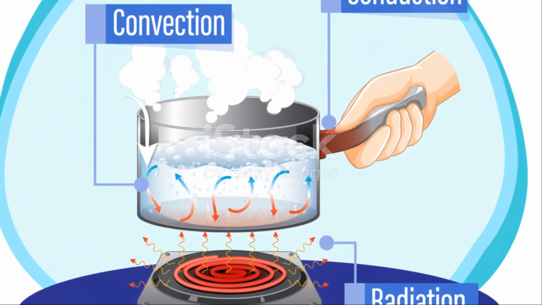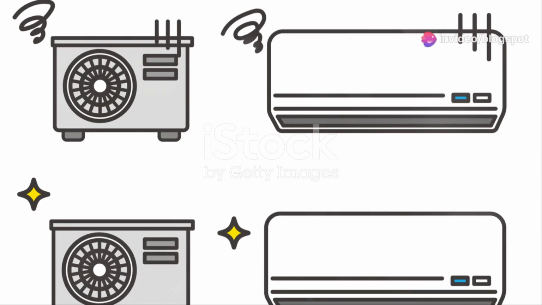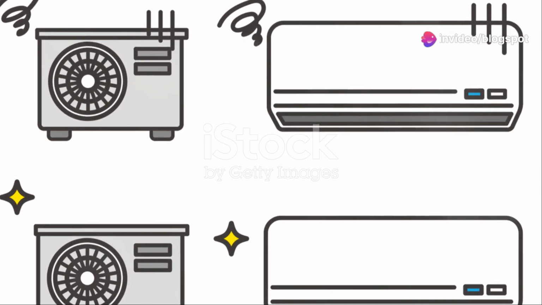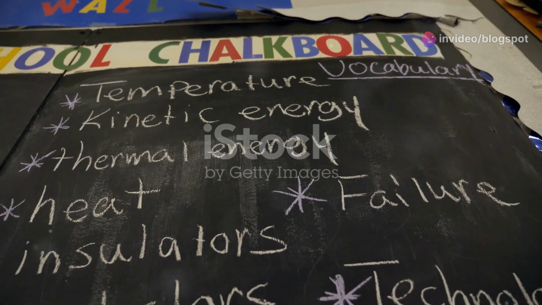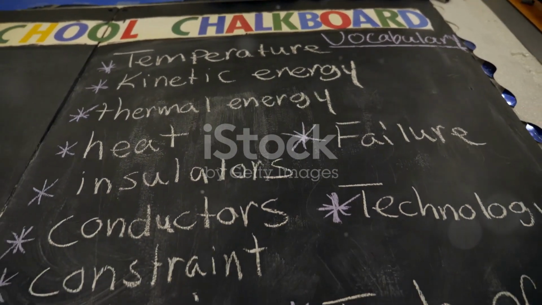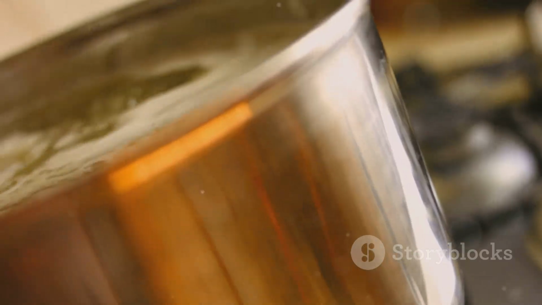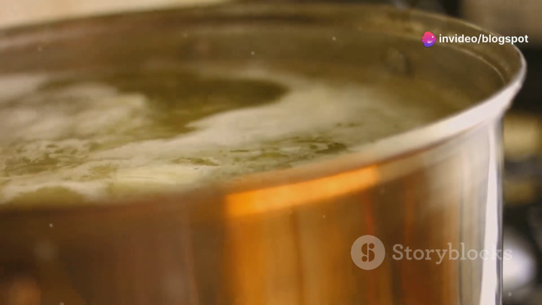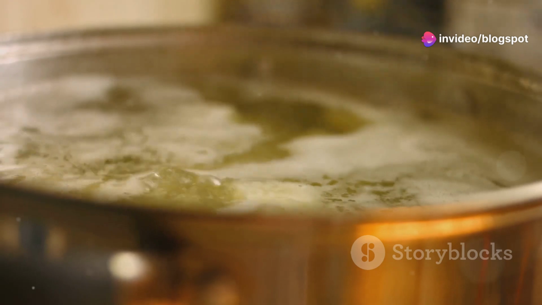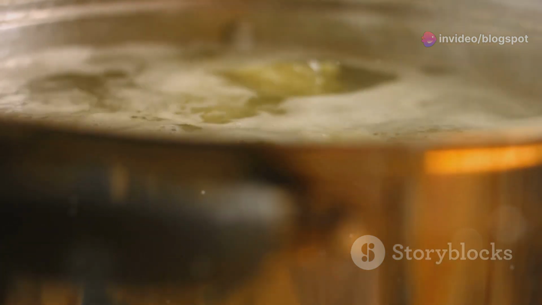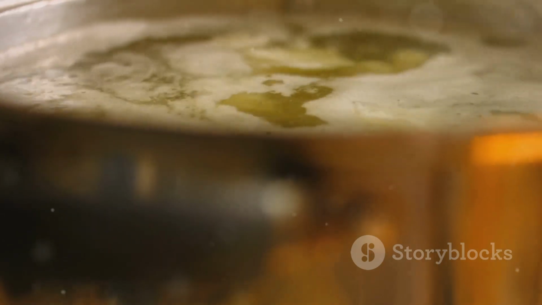Section 7. Specific heat versus heat capacity. Understanding the difference. Specific heat is often confused with heat capacity, but they are distinct concepts. Specific heat is the amount of heat required to raise the temperature of 1 gram of a substance by 1 degree Celsius or Kelvin.